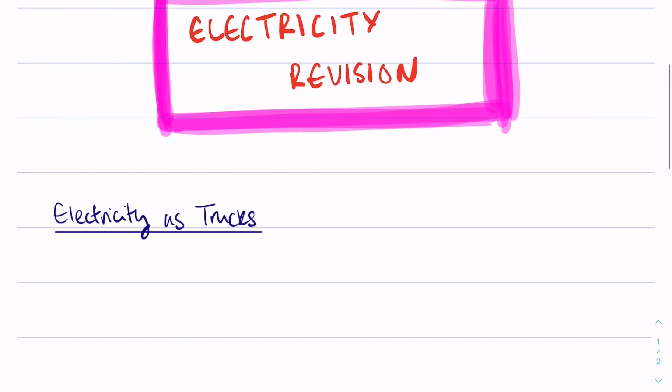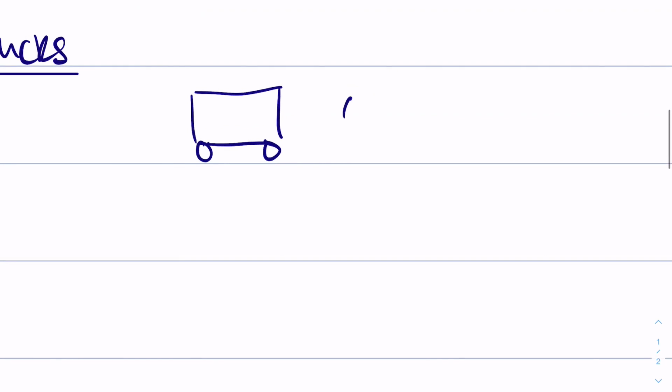So the model I like to use for thinking about electricity is based on a truck. I'm going to draw a little truck here, and this is my charge truck. Officially it's a Coulomb truck, and we'll see later that the Coulomb is the unit of electric charge.